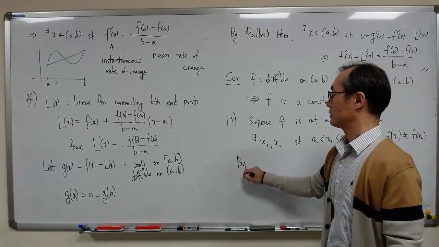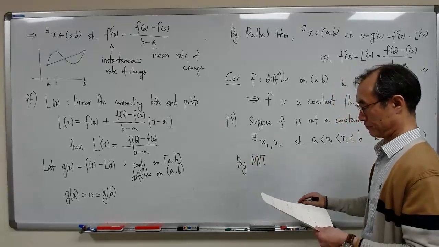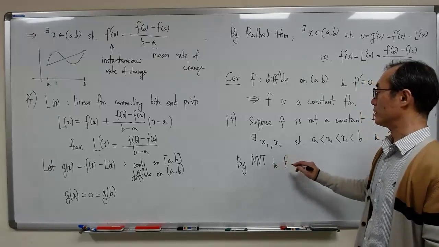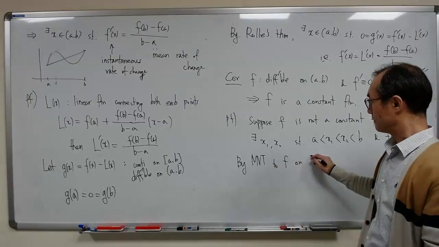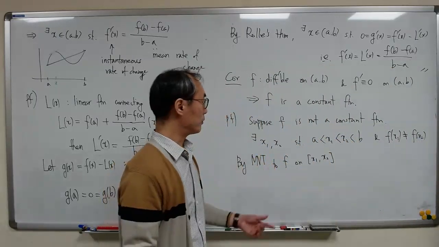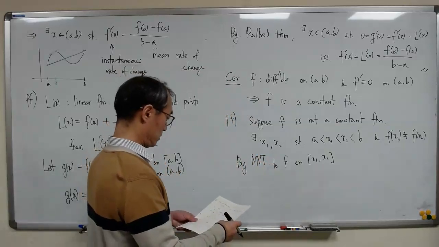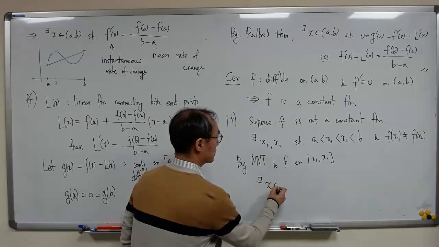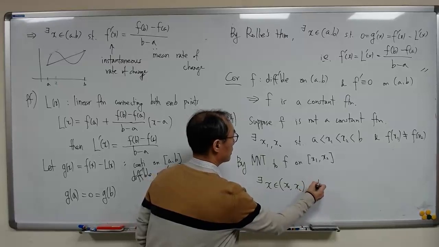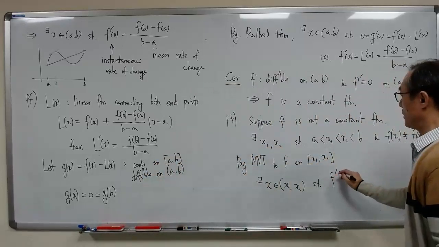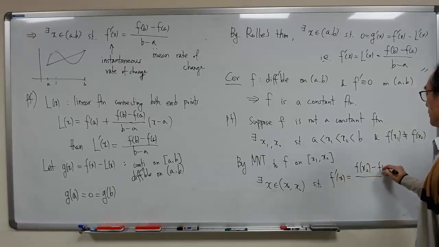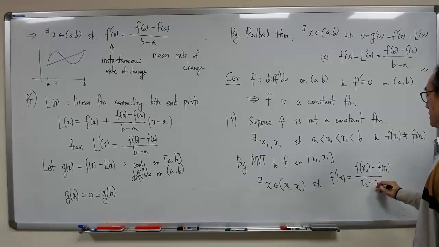So if you apply the mean value theorem to function f on the closed interval from x1 to x2, you get that there exists x in the open interval from x1 to x2 such that f prime of x is given by f of x2 minus f of x1 over x2 minus x1.